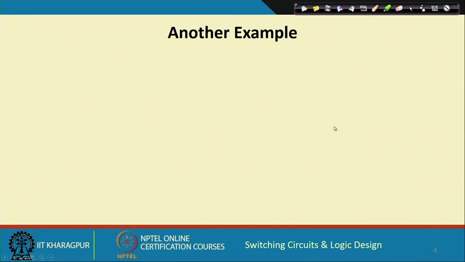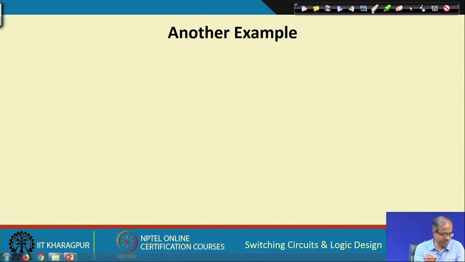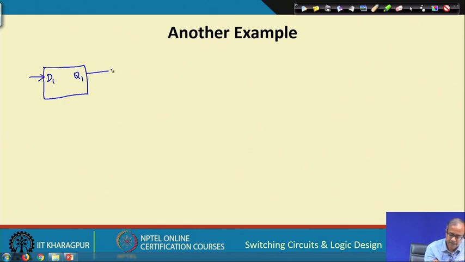Well, let us take another example, which let us draw like this. Suppose we have a D flip flop, let us call it D 1 and Q 1. This input is coming here, and Q 1 is being fed to a chain of gates. Here I am showing 3 gates.